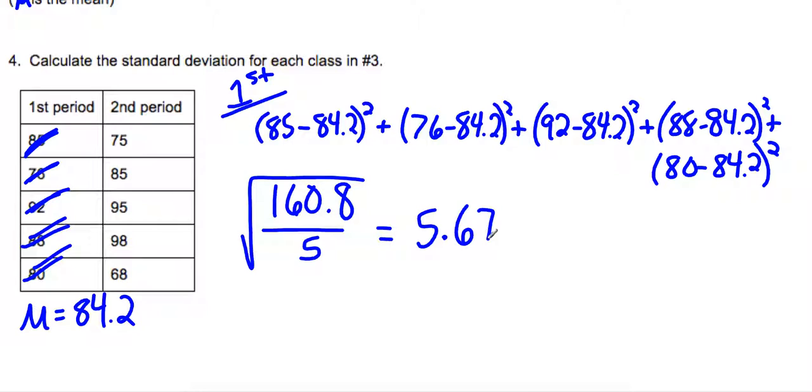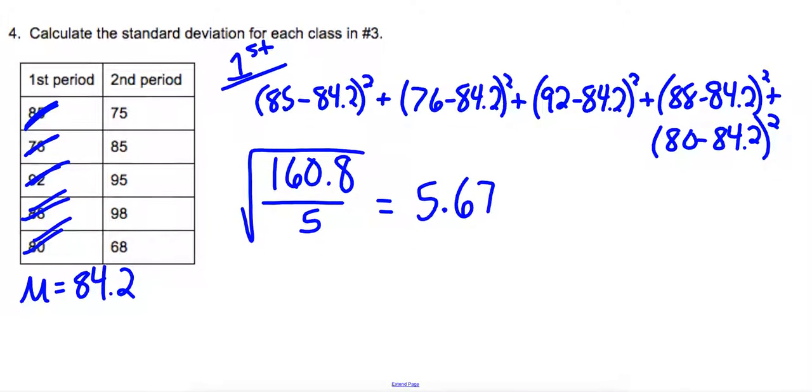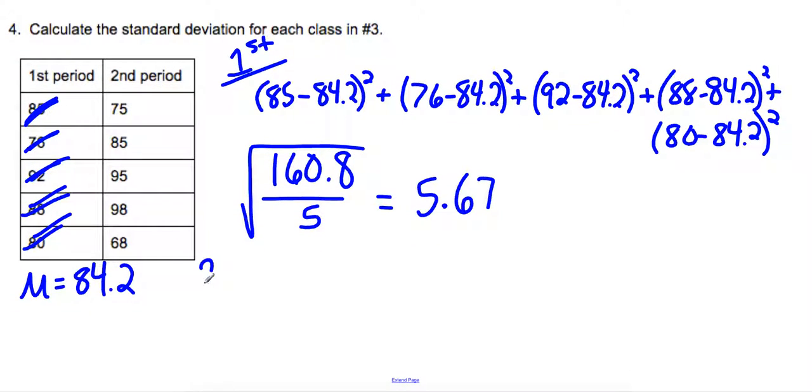Now, what's really helpful is when you find 2 different standard deviations, and then you can compare them. So we're going to do the same thing for second period. We're going to calculate the standard deviation for second period. Take our first test score, 75, minus the mean, 84.2, and square it.